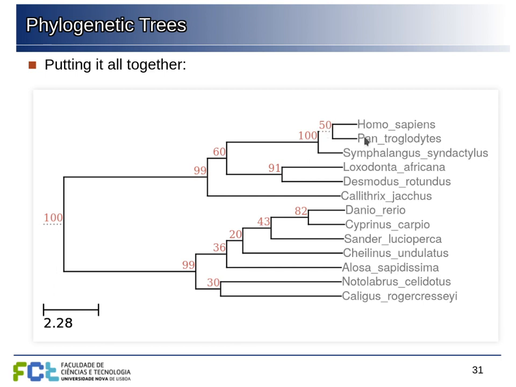The human chimpanzee grouping only appears 50% of the time. The reason for this is that these are all equally distant. So in some replicas, we get humans grouped with the lemurs. In others, the chimps get grouped with the lemurs and so on. So from the cytochrome sequences, we cannot be too confident on this branch, but we can be very confident of this branch.